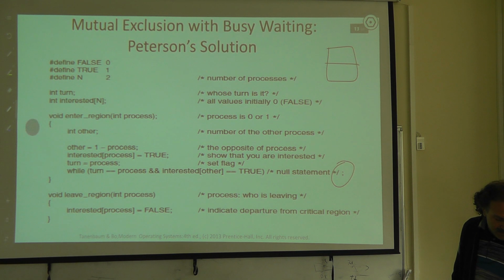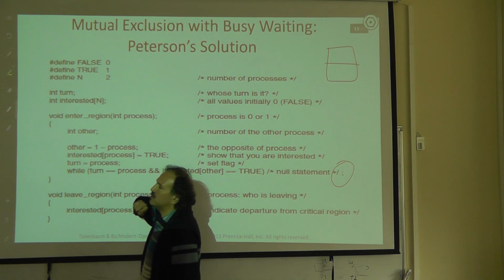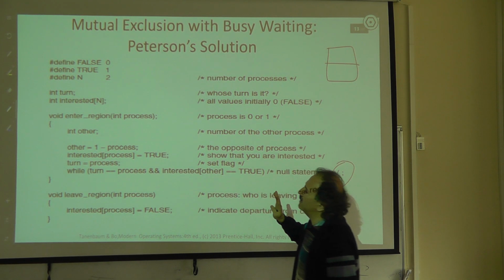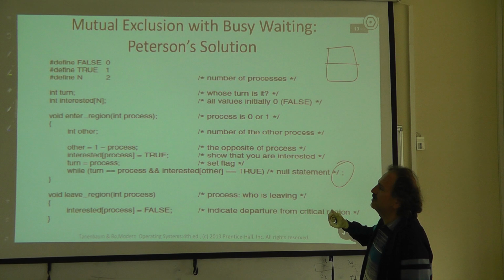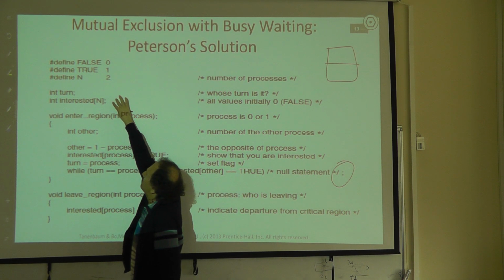Let's look at enter region. There is a local variable, other, for each process, right? Because it's a local variable. But these two, turn and interested, are globals.